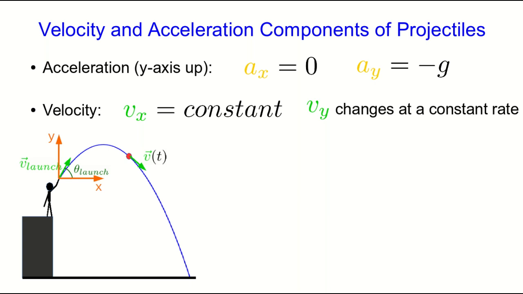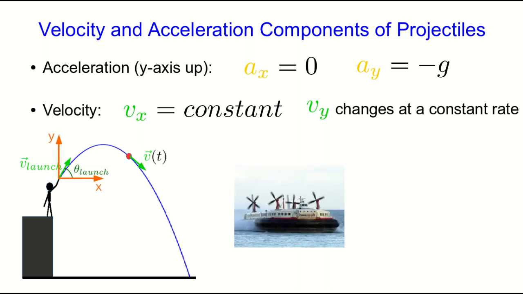And the only other thing I'll say before going on to talk about equations is that this works for a projectile, but it works more generally for any object which is accelerating at a uniform rate in one direction. So for example, a hovercraft has no need to be facing in the direction it's going. And so if it's turned somewhat sideways and the propellers are producing a constant thrust, then that hovercraft will accelerate with a roughly constant acceleration in the direction it's pointing.